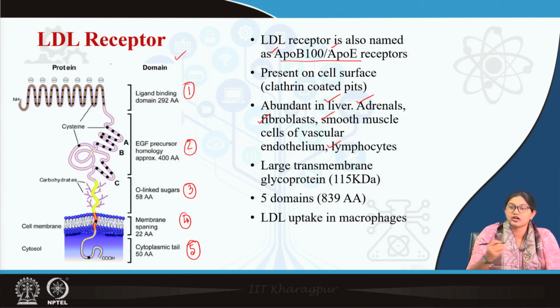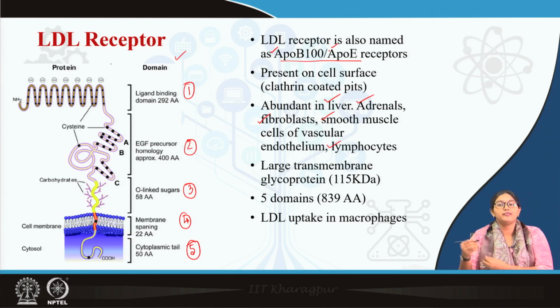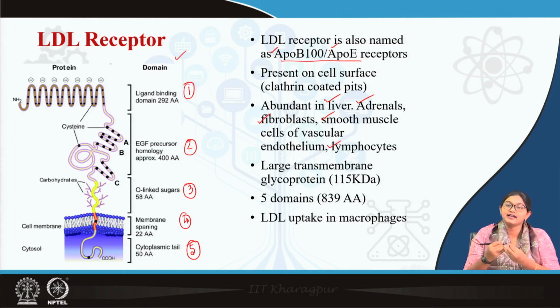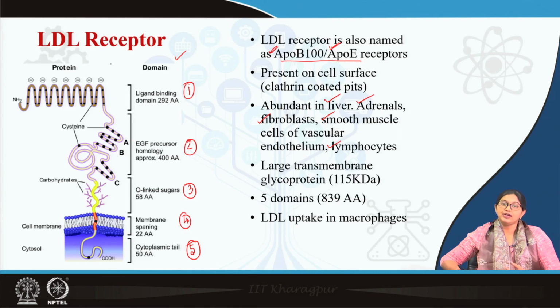The acidic residues interact with the basic residues of apoproteins. So, there is an interaction between the acidic residues of the LDL receptor and the basic residues of the lipoprotein. This is the reason by which ligand binding occurs. Remember, the ligand is the lipoprotein, those lipoproteins which contain ApoB100 and ApoE.